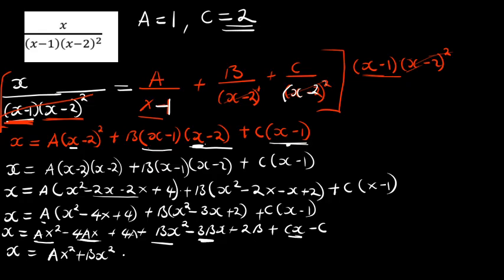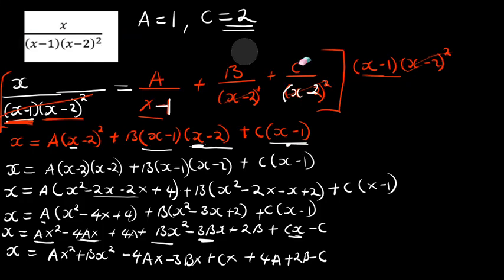So I'll have negative 4ax, then negative 3bx, then plus cx. Then from there I have 4a, then plus 2b, then minus c. So I have written them in like terms.